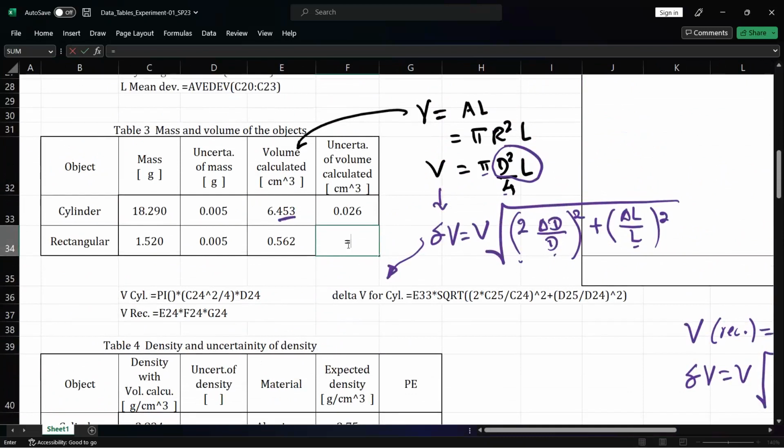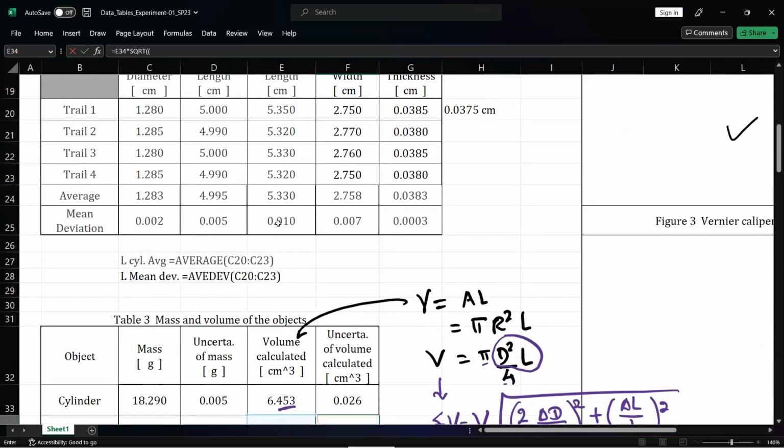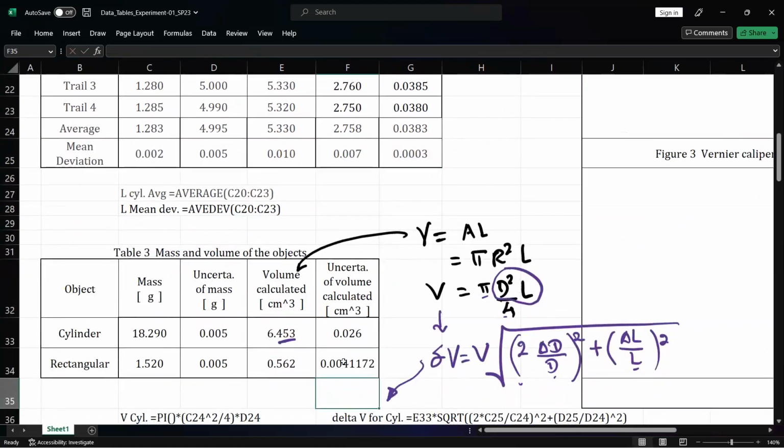Let's do that: equal sign, volume multiply by SQRT, open double brackets, mean deviation for the length divided by the length itself, power 2, plus open bracket, mean deviation for the width divided by the width itself, close bracket, power 2, plus open bracket, mean deviation for the thickness divided by the thickness, close bracket, power 2, close bracket for the square root.